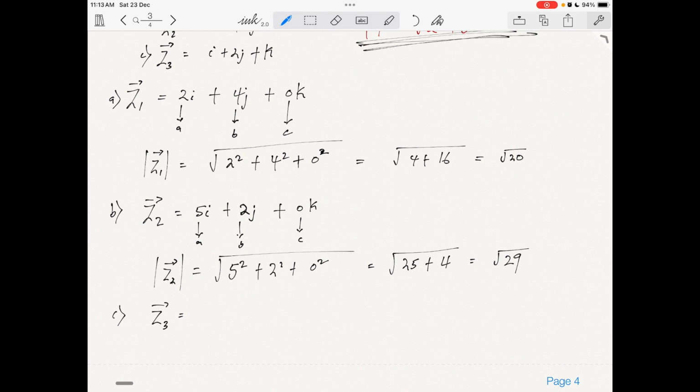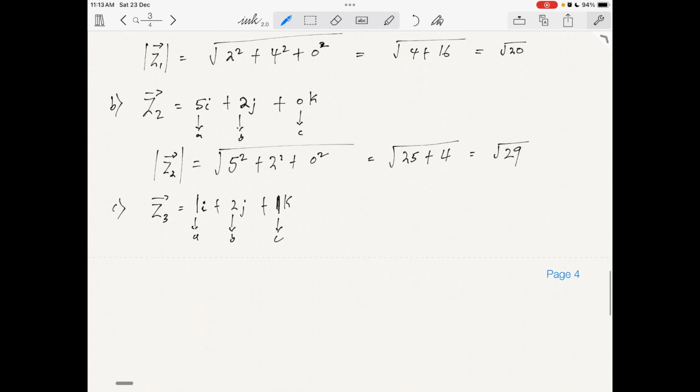And finally, C, we want to evaluate the modulus or magnitude of z3. It gives us i plus 2j plus k. Now this i here means it is 1i, and this k here means it is 1k. So we have this to be A, this to be B, and this to be C. Now the modulus or magnitude of the vector will be the square root of 1 squared plus 2 squared plus 1 squared.